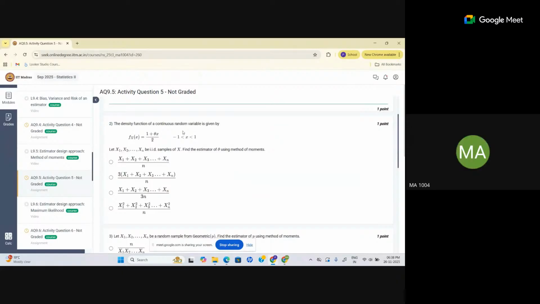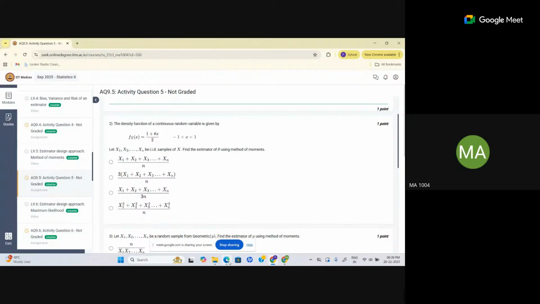So the density function of a continuous random variable is given, and x1, x2 up to xn be an IID sample of x. Find the estimator of theta using the method of moments. In the method of moments, first you have to calculate the expected value of x. So first of all, calculate the expected value.